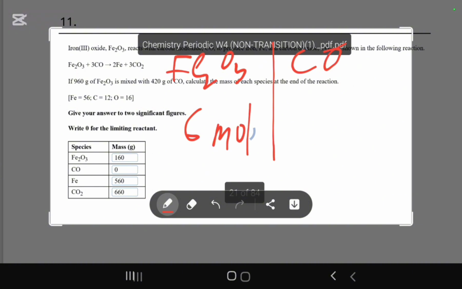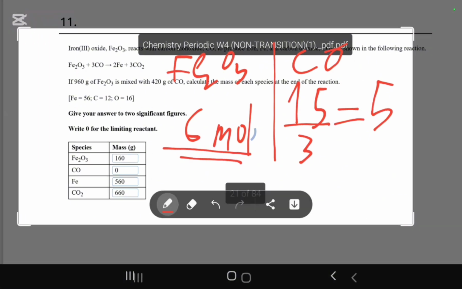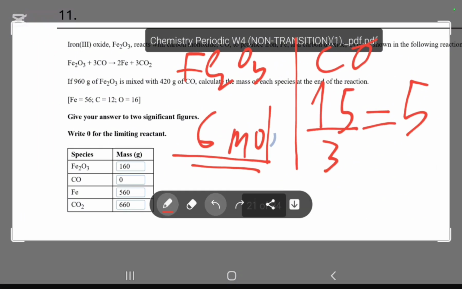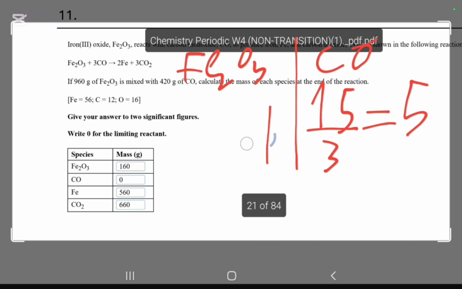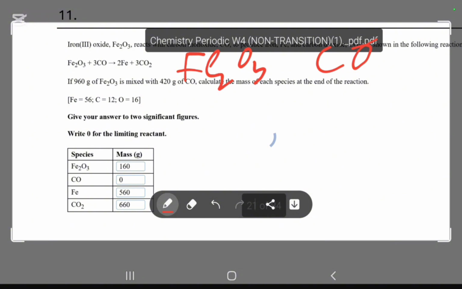Then here for CO we have 420 over 28, which is 15. But we're not done. We have 15 moles, but first we need to divide by the coefficient, which will give us 5. And here we don't divide by the coefficient because it's already equal to 1. So now we know that in the answer CO is 0, because they said here to write 0 for the limiting reagent.